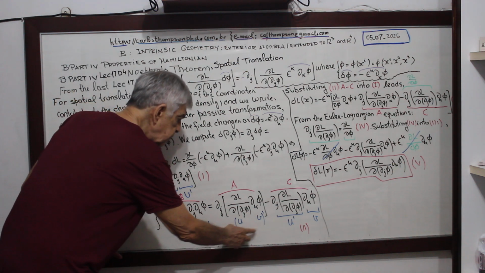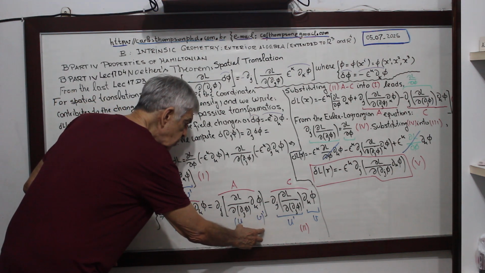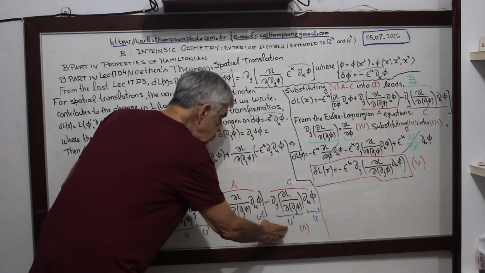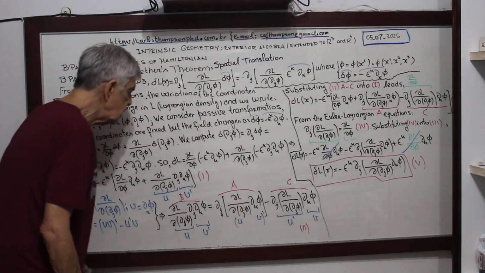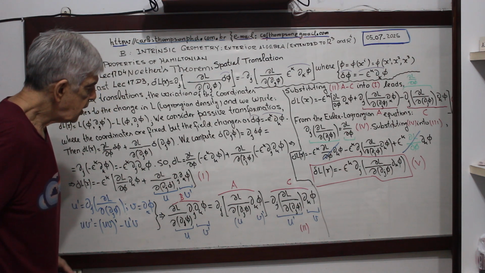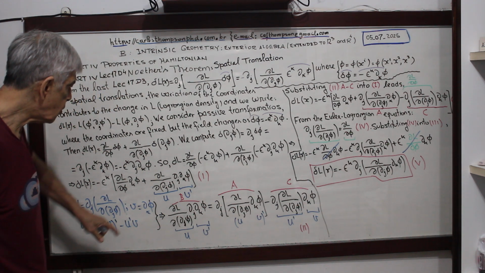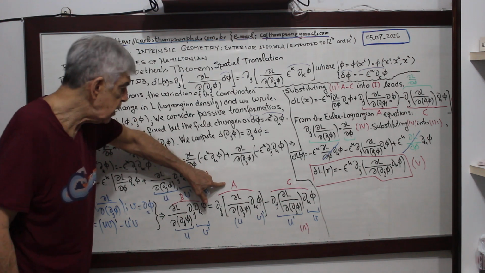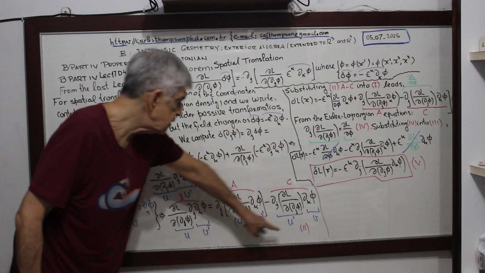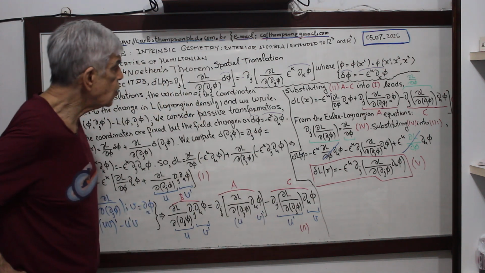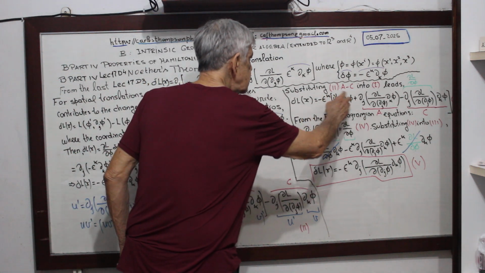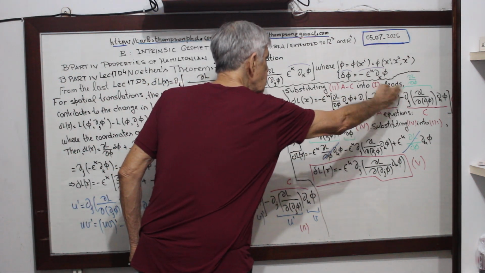This is uv prime, the derivative of the product, minus u prime v. That's the product rule. I call this capital B, in red, capital A, and capital C. This is equation 2. So I will substitute A minus C, equation 2, into equation 1.